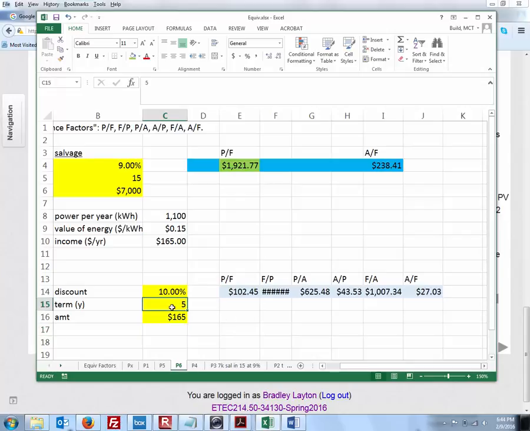Oh, except I need 15 years in there, don't I? There we go. So my annuity is 165, and this is the one I'm after, the present value as a function of the annuity. I'm going to paint that guy green.